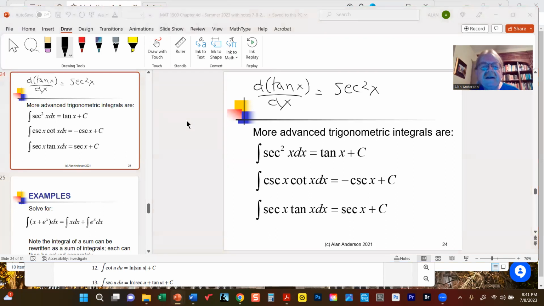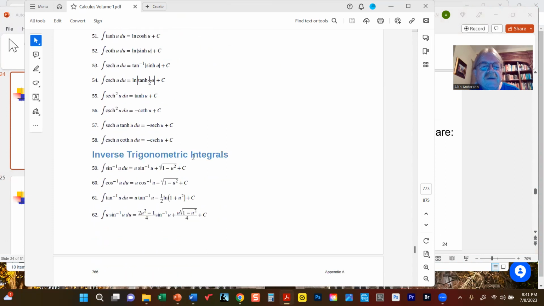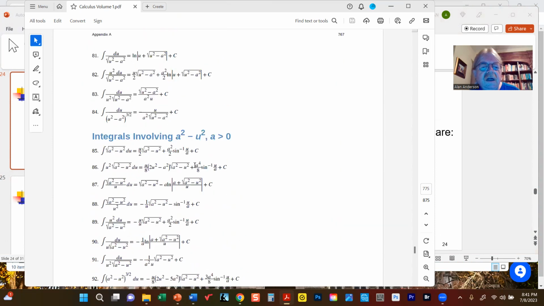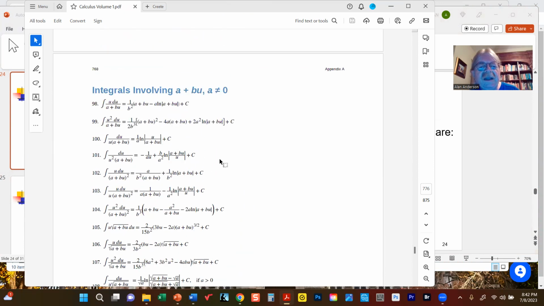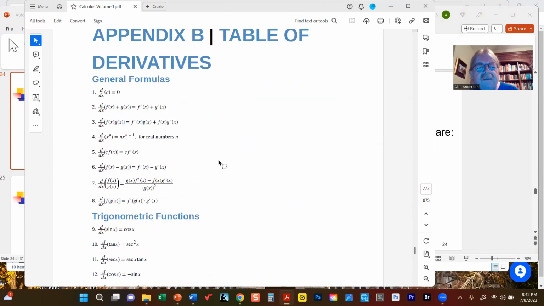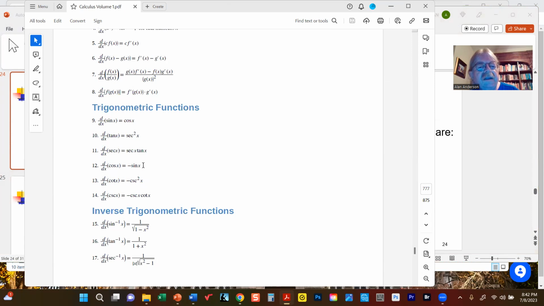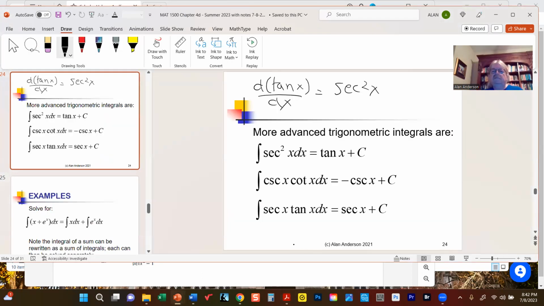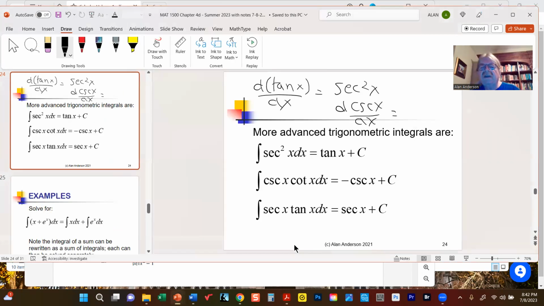But if you go back to the table, by the way, there should also be a table of derivatives in here too. It's probably table B. Look at some of these. Ooh, we won't be getting to any of these anytime soon. Yeah, here we go. For example, the derivative of the cosecant is negative cosecant times cotangent.